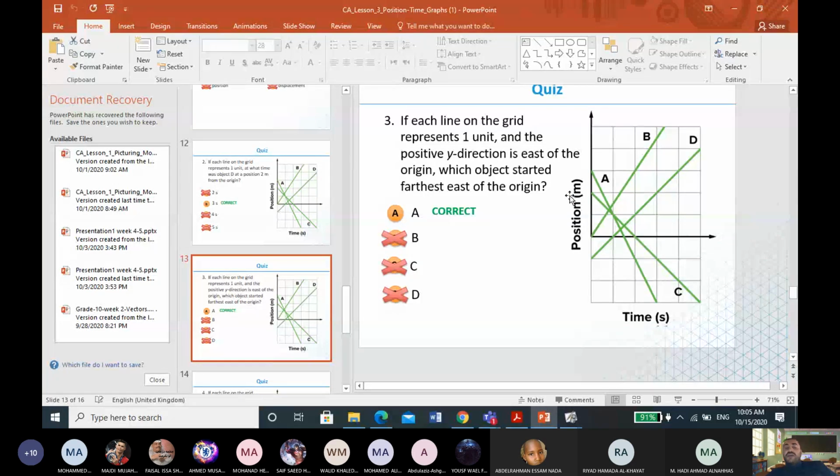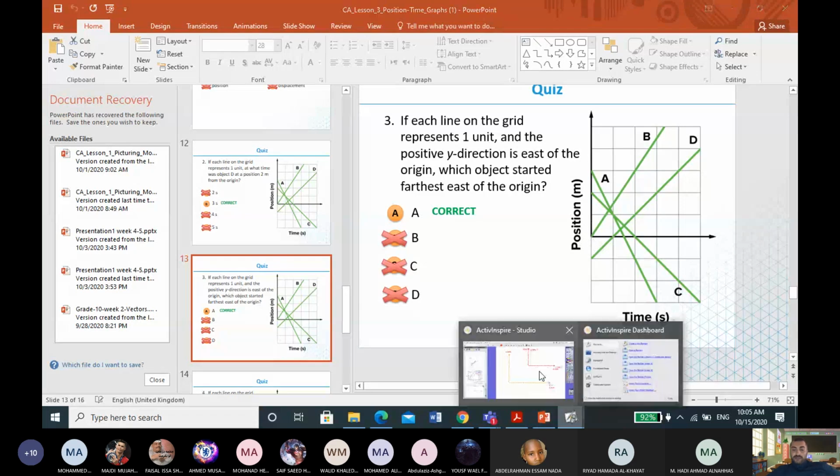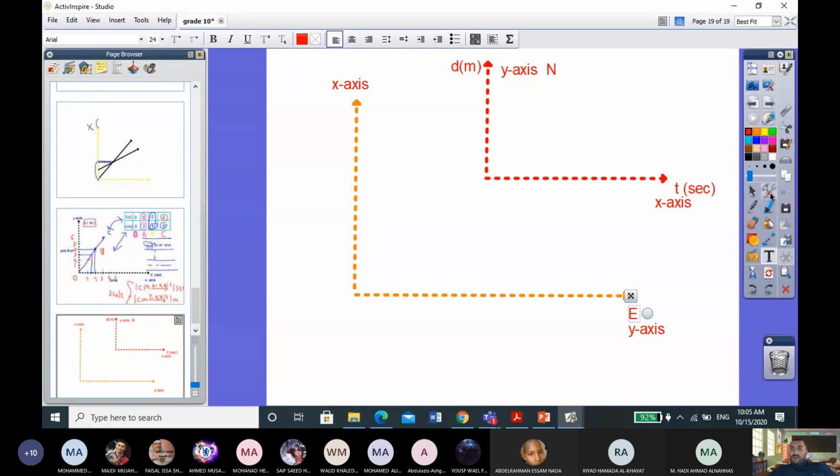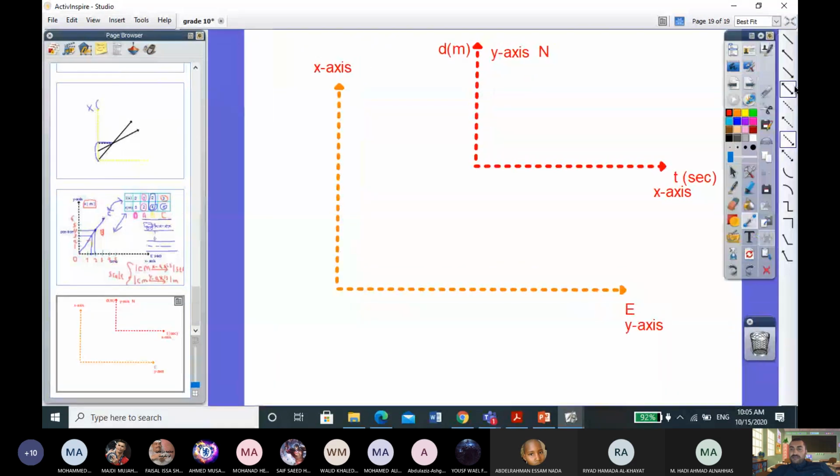Just see, if I want to compare the farthest from the origin, so I will see. This is the origin. Let me try it here on the Active Inspire. If there is, let's say, this is the first vector. This is another vector.